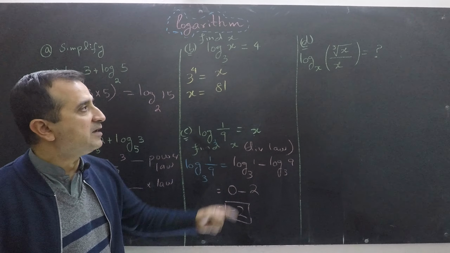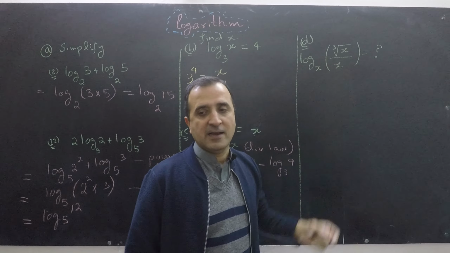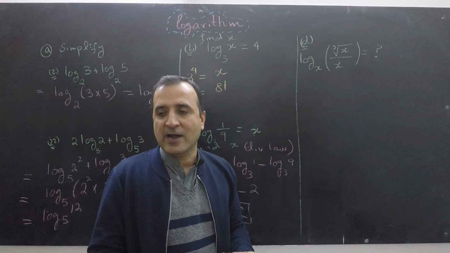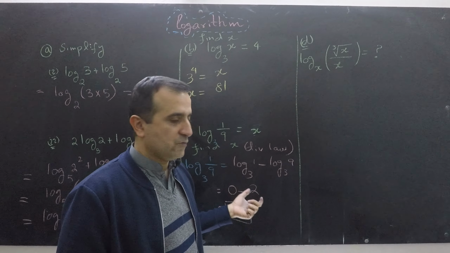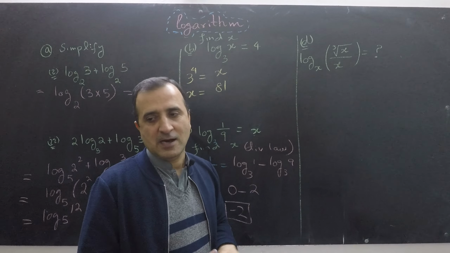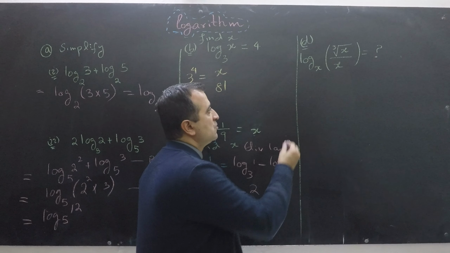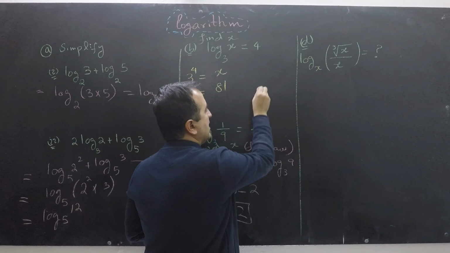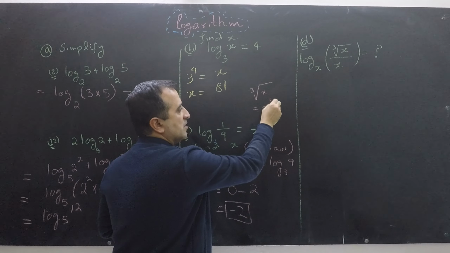Now this one I can do in two different ways. First of all, because both are x's, I can combine them and write 1 power of x, or I can use division rule. So there are two different methods. Maybe we can combine them, right? Yes, because that will be shorter method. Here we have cube root of x, that means x raised to power 1 over 3.